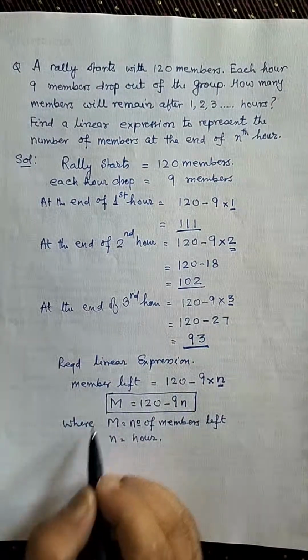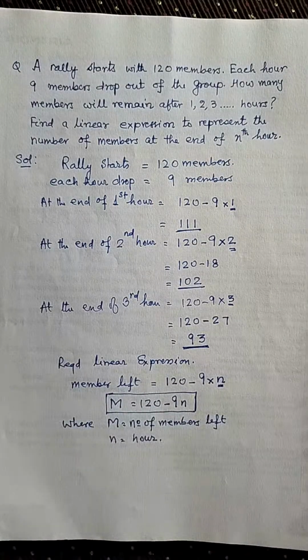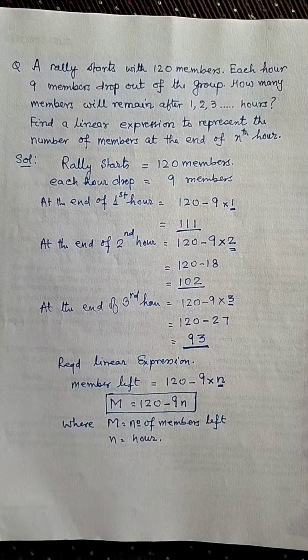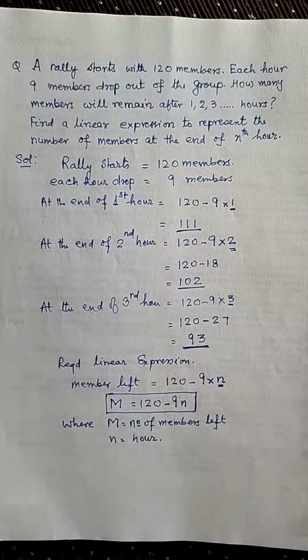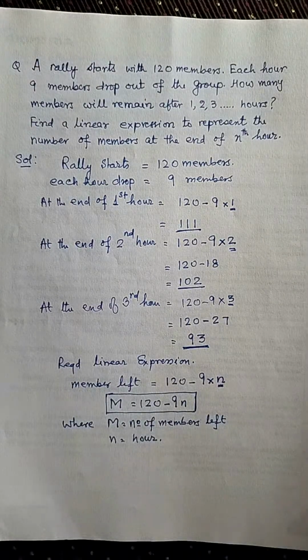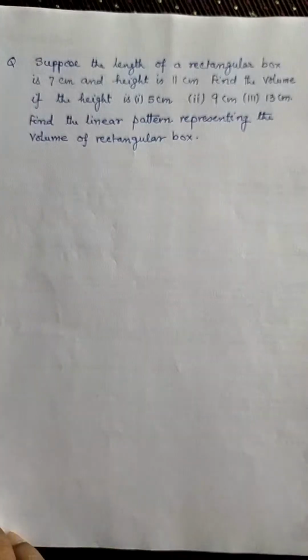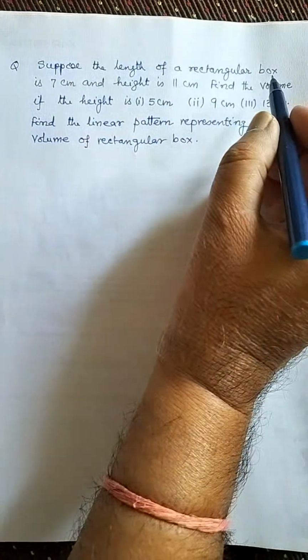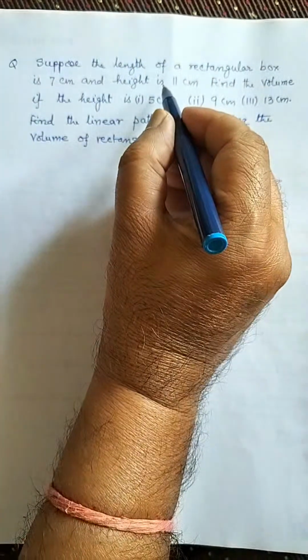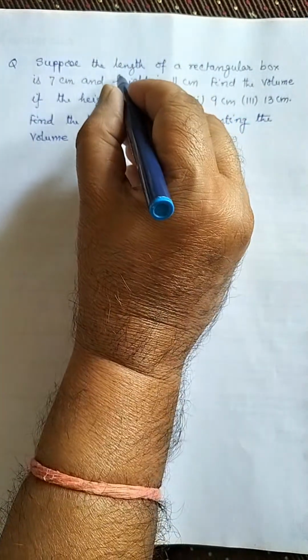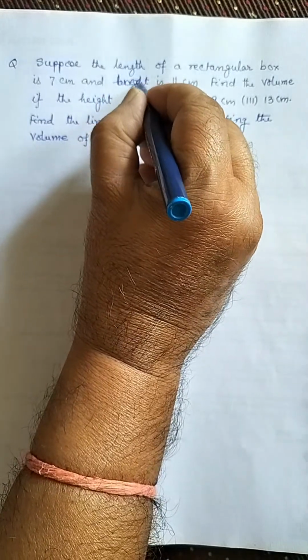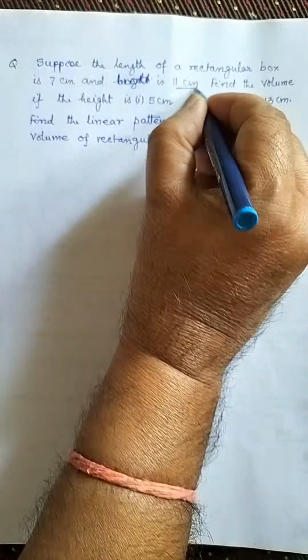Okay, guys, this is a very important question, and here a thought process is needed. You have to think. Fine. And at this time in your 9th class syllabus, most of the questions require application. This is application. Okay, let's quickly take another question of this type. Suppose the length of a rectangular box is 7 centimeter and its breadth, it's not height, its breadth is 11, right?